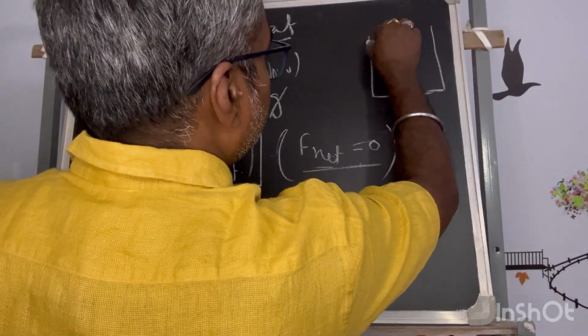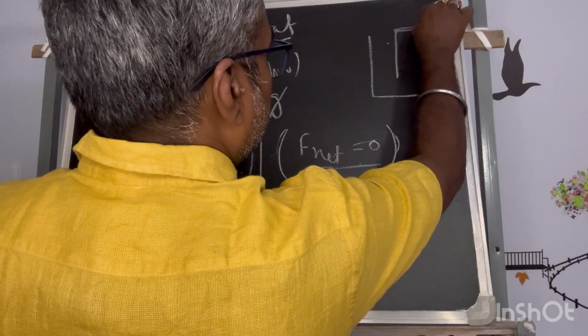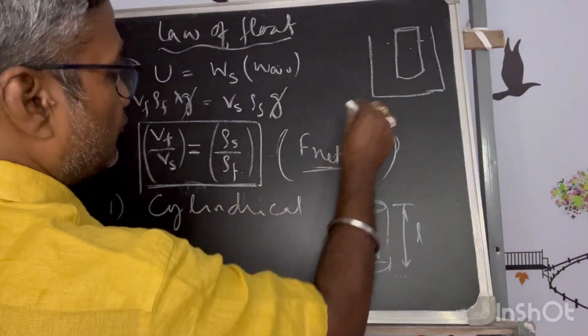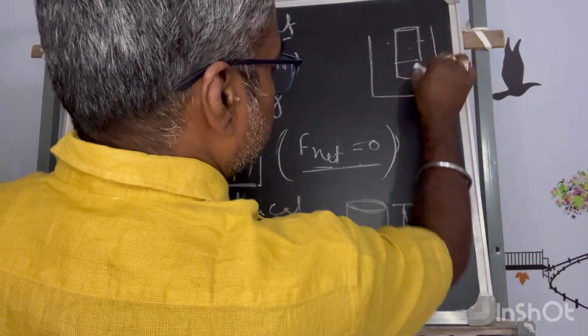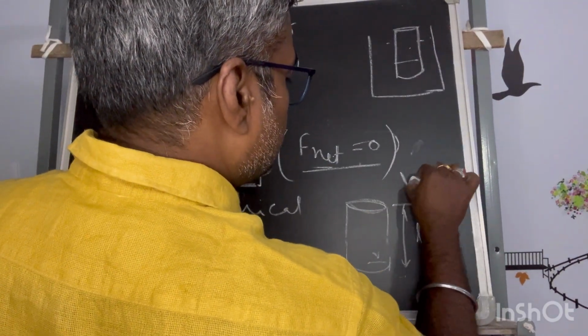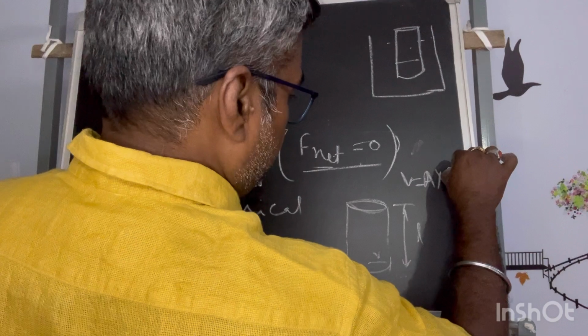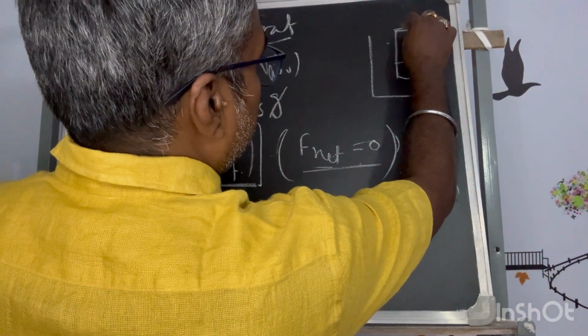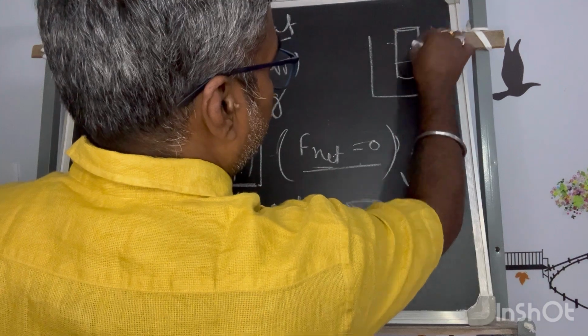yes, what we are saying is, if it is a uniform body and the orientation of the body, when it is dipped inside, is kept vertically down. So in this case, what is the volume? The volume is equal to the cross section A into the height of the body. And in the same way, the liquid also gets displaced.